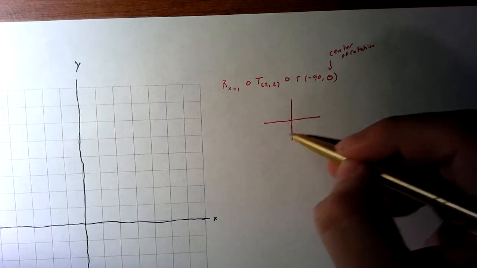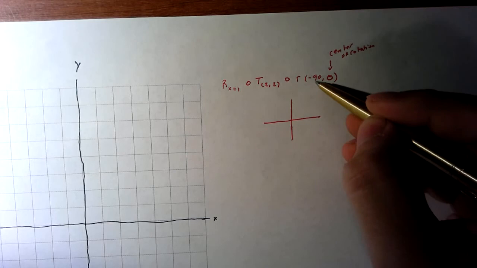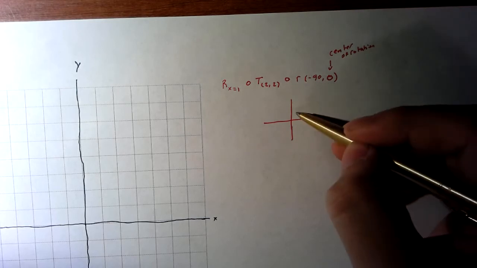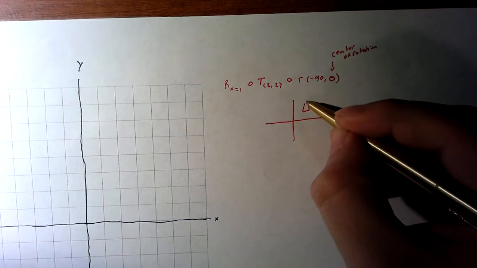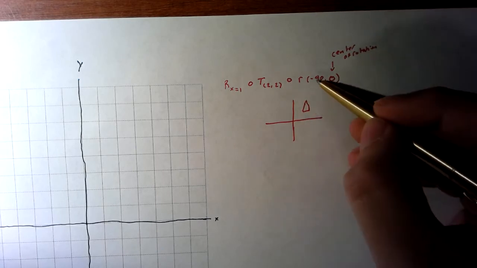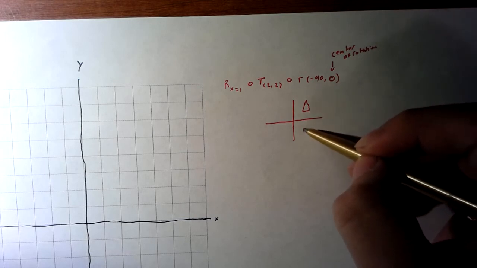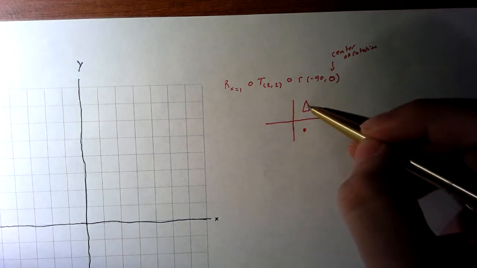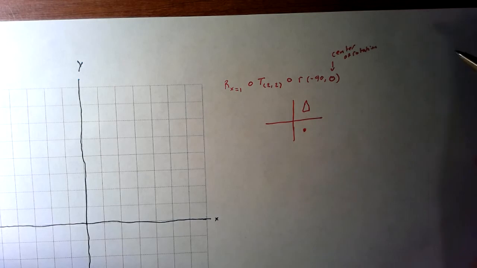Negative degrees just means clockwise. So if you had your shape right here and you move it negative 90 degrees clockwise, the shape would end up over here.